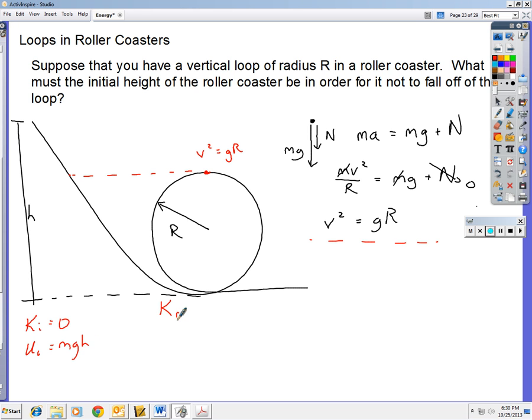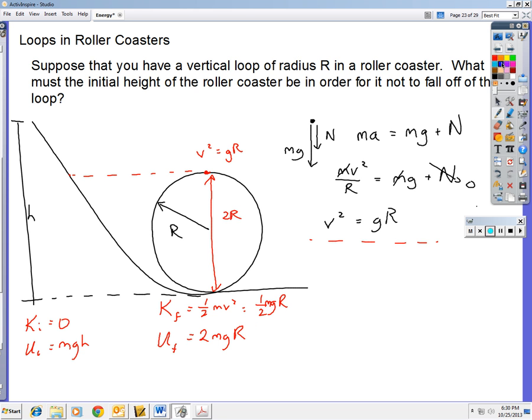At the top of the loop, the kinetic energy is 1/2 mv squared, but v squared is gr, so it's 1/2 mgr. The potential energy, measured from the ground, it's at a height of 2r. So this time the height is 2r, so we get mg times 2r, 2mgr. Oh, left off an m here too.